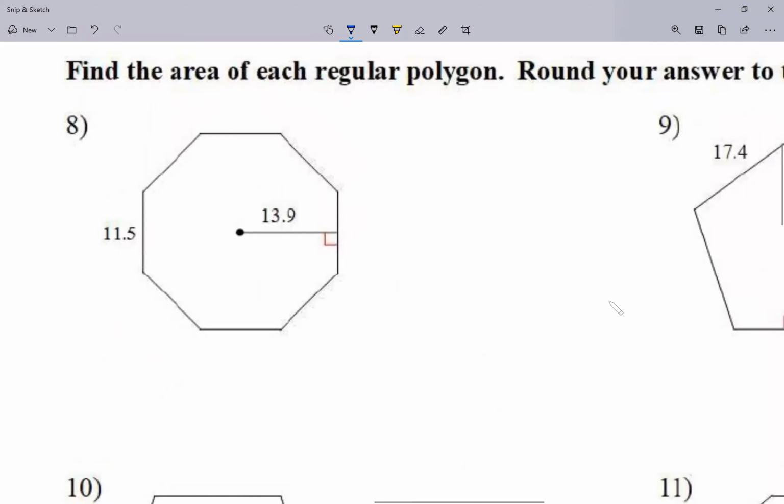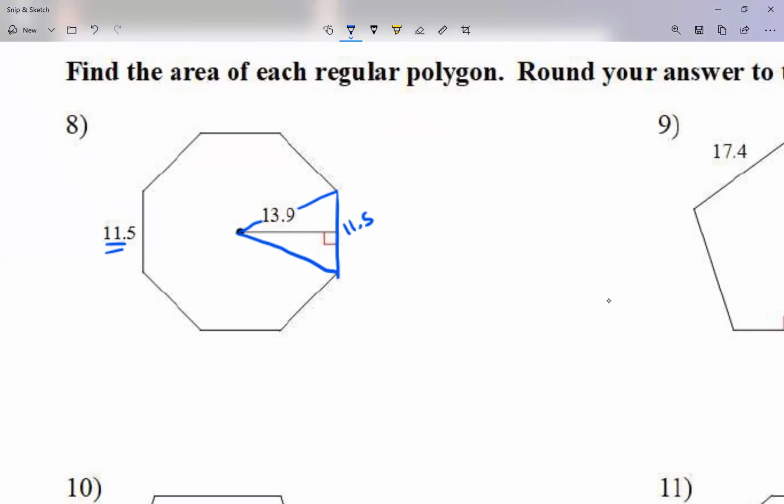Now, shapes of polygons, I'm not quite familiar with. However, I know how to get the area of a triangle. So I see a triangle here that has a 90-degree angle. Because the polygon is a regular polygon, I know this measurement outside is 11.5, and I know that from right here on the left.